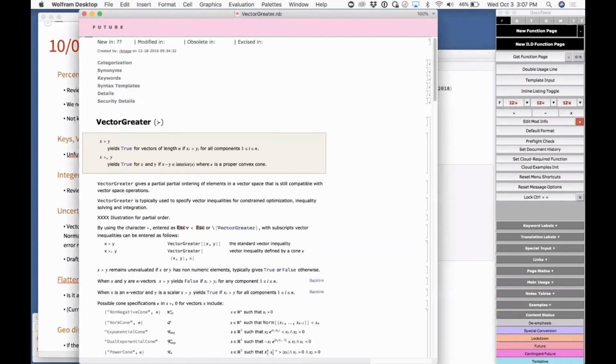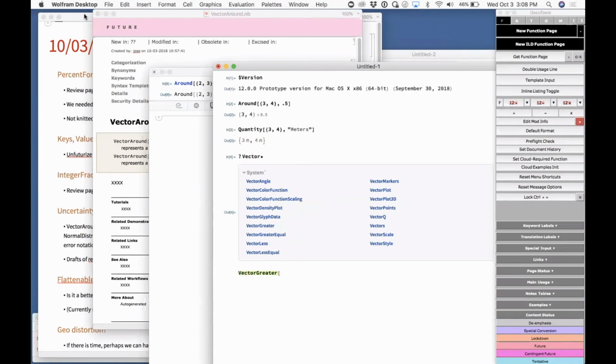Well, vector greater is comparing two vectors. So we could say that once we have vectors around, vector greater could compare vectors around and take into account that they have an uncertainty to decide whether they are greater or not, this sort of thing. Yes. Well, there isn't a notion of greater for around numbers, right? What is the notion of greater for around numbers?